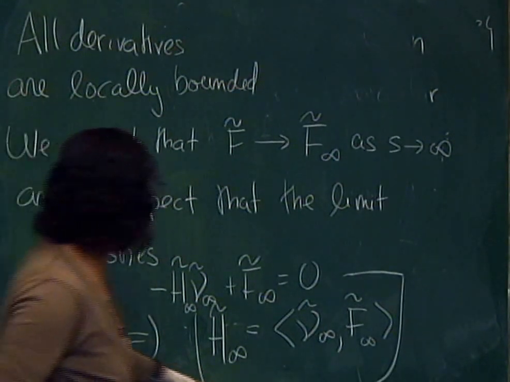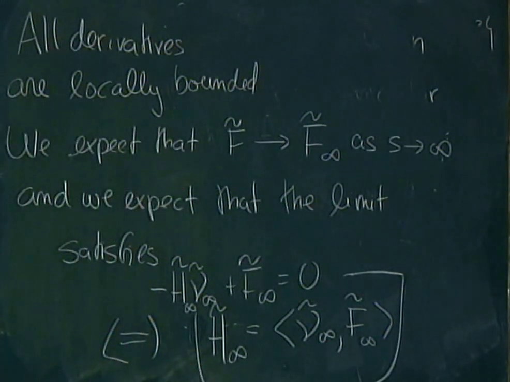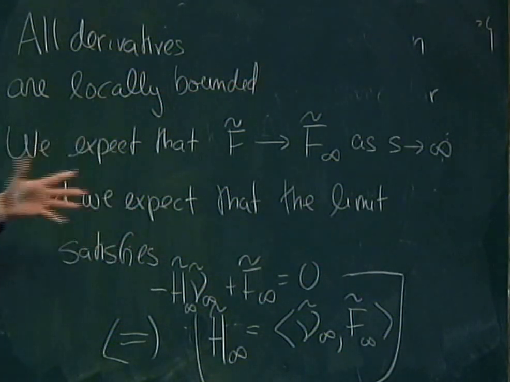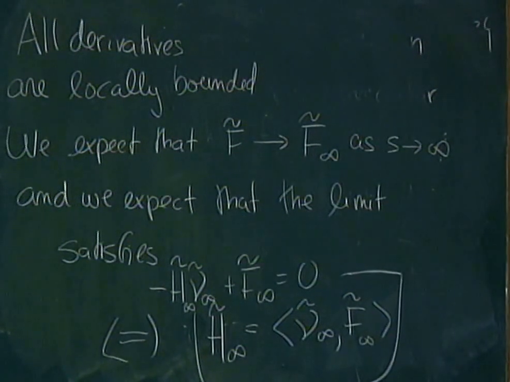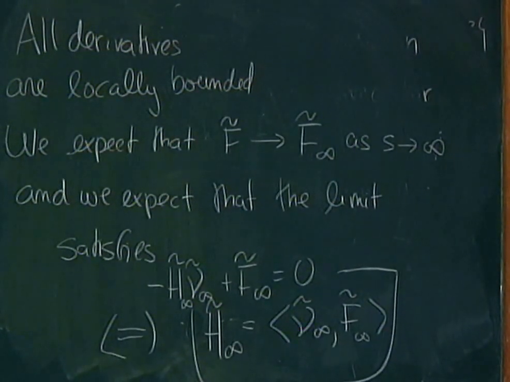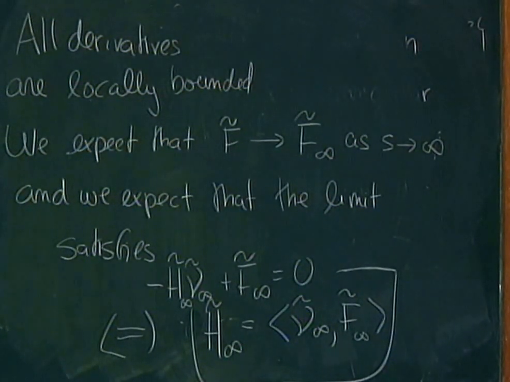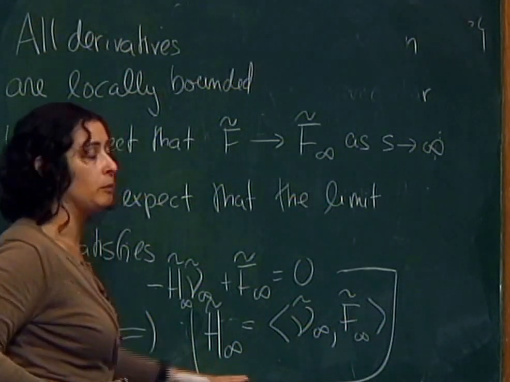The piece that is missing here to prove convergence, well, one thing is that one needs more than the derivatives being bounded, but also some local area bounds to prove convergence. And then there is a standard procedure to prove that. And somehow I want to prove that this is going to 0, or that this equality is true in the limit.